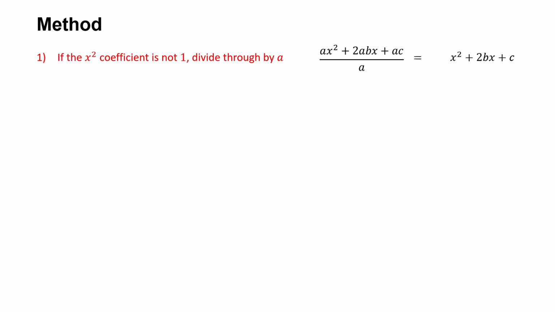So how do we go about actually solving this then? The first thing to look at is, do we have a term in front of the x squared? When we're looking to complete the square, we need to make sure that there's no term in front of the x squared. So if we have a times x squared plus 2abx plus ac, we want to divide through by a.